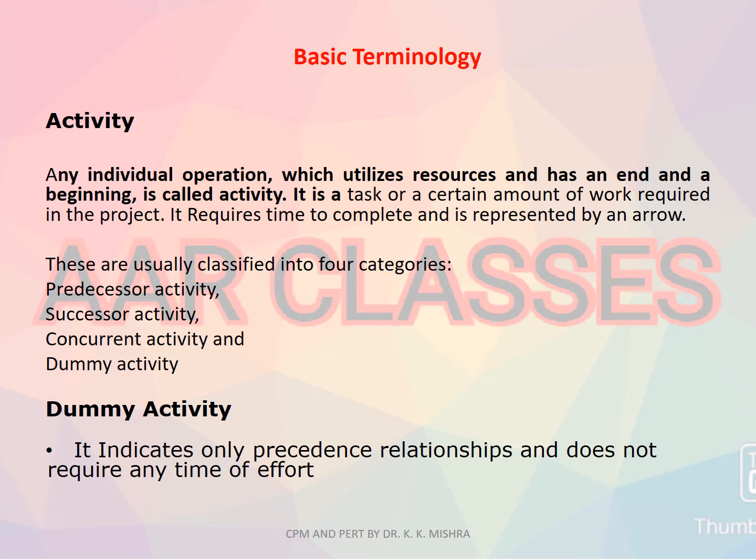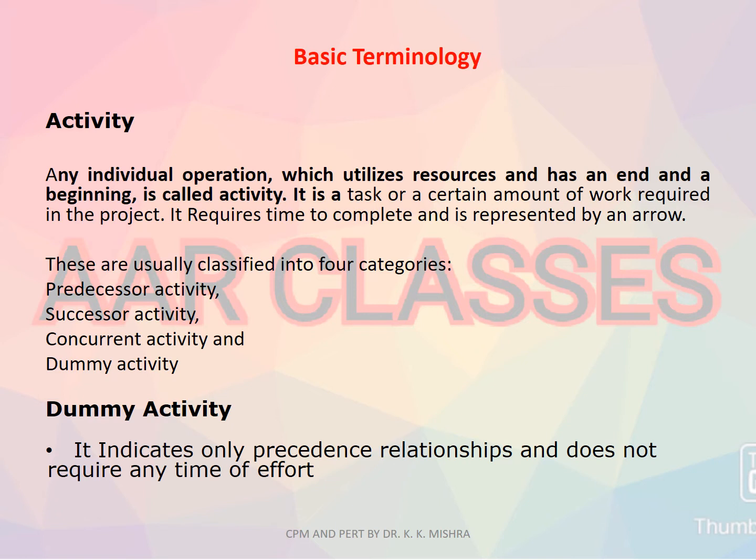The head refers to the completion of that activity, and the tail of the activity refers to the starting of that activity. Any individual operation which utilizes resources and has an end and a beginning is called an activity. It may be a task, a certain amount of work in a project.